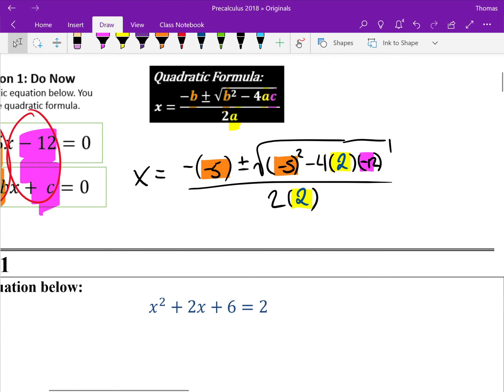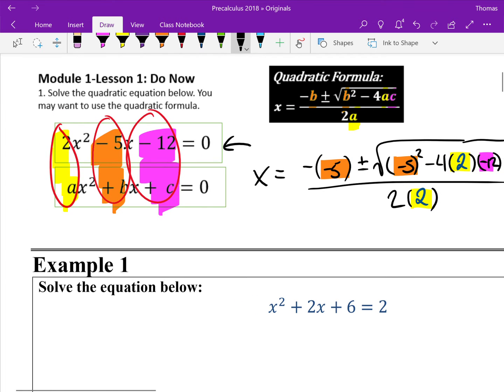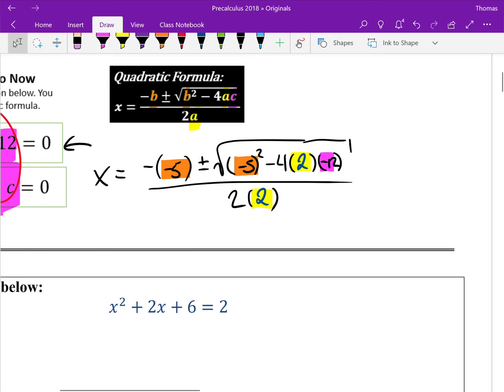We just have to simplify this expression down to get our solutions to this equation that we started with here. Alright, so let's take a step simplifying. So x equals, and actually if you would like, you can pause the video right now, try and simplify through a step, and then see if we agree on the video after you fast forward. But I'm going to go ahead, I'm going to go negative, negative.